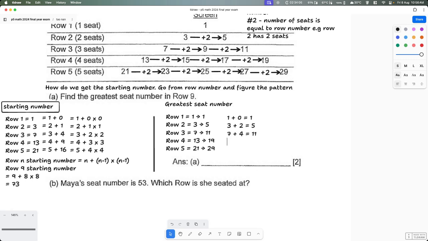And then 13 plus 6 equal to 19. And then lastly, 21 plus 8 is equal to 29, right? Okay, so from here, what we can do is, I also want to put in brackets.